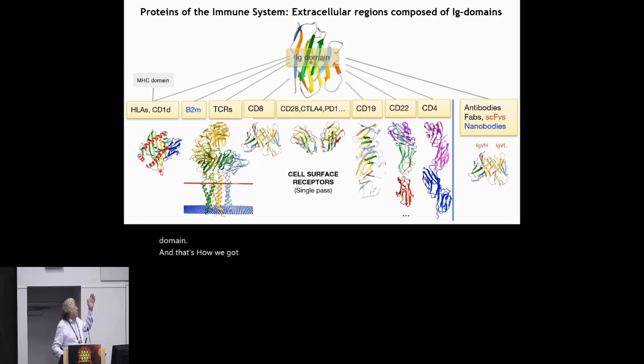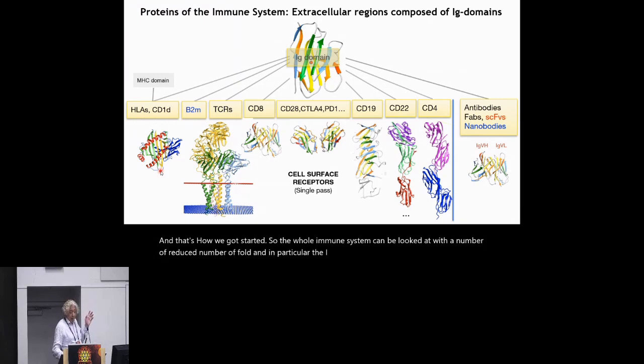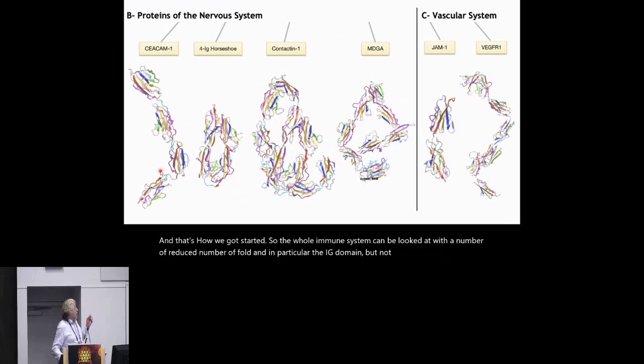So the whole immune system can be looked at with a reduced number of folds, and in particular the Ig domain. But not just the immune system, the nervous system, the vascular system, the muscular system with titin, for example, obscurin. So all made of Ig domain.